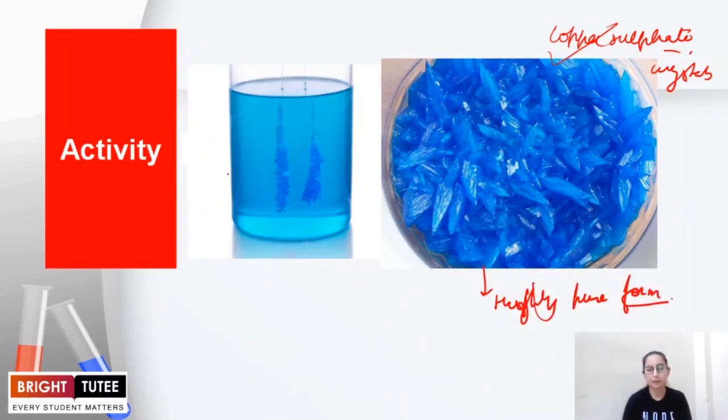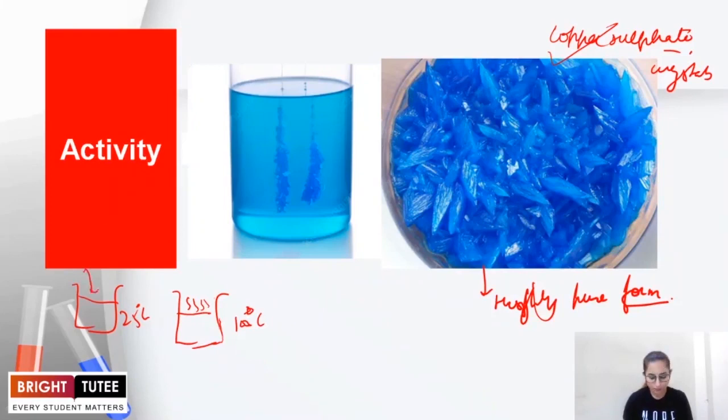Now what exactly happened? When you heated the water, its capability of dissolving copper sulfate increased. For example, if you have a container with water at normal temperature, which is 25 degrees Celsius, and another container which has water at 100 degrees Celsius, it has boiling water in it, right?